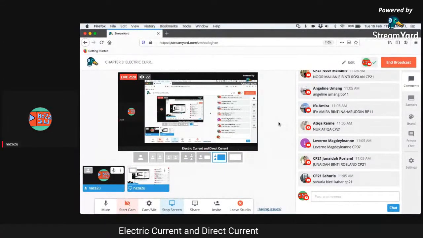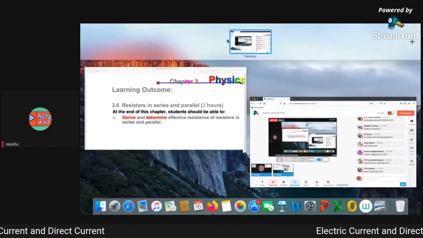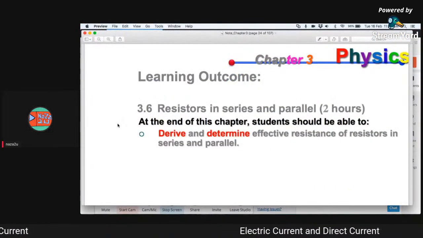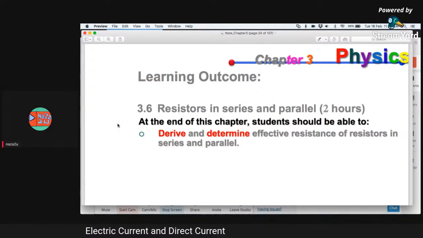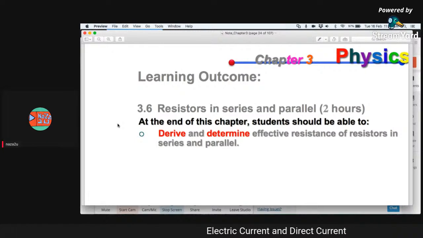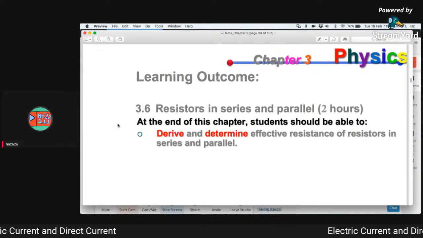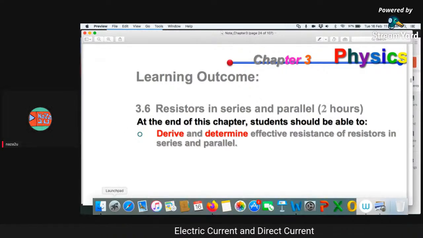Jadi untuk hari ini kita akan sambung lagi chapter 3, continue to resistor in series and parallel. So kamu boleh lihat di skrin sekarang ni, ini yang sambungan apa yang kita sudah bincang pada hari itu.